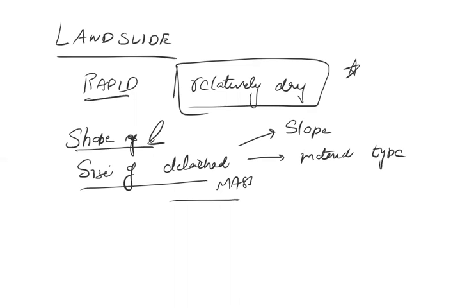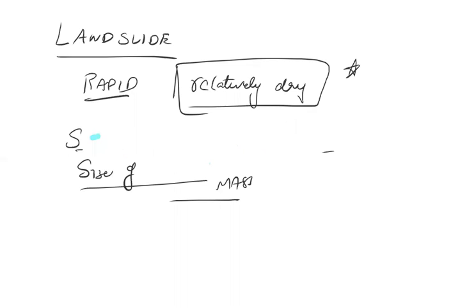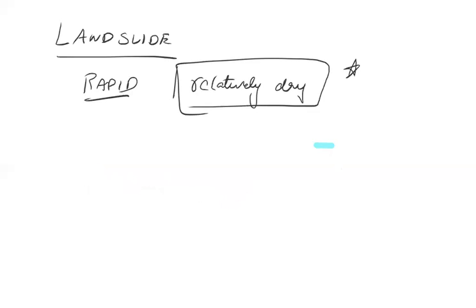So why are we worried about the shape and size of the debris? Because in a landslide, not only does the mass get detached, but the mass also forms a different landform altogether. We are always interested in the shape of the landform being formed.